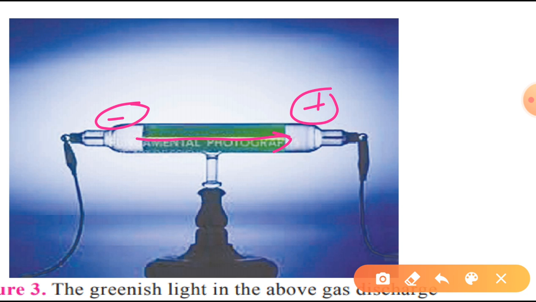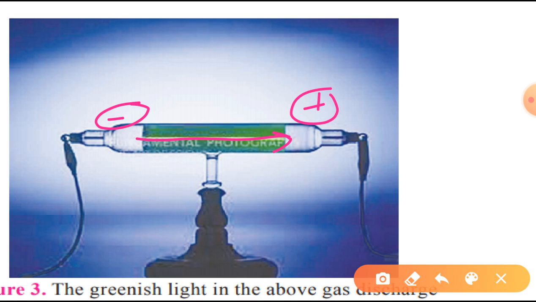So what Thomson noticed, he had coated this cathode ray tube with a photographic film of zinc sulfide. So when these rays travel inside this tube, a greenish light was noted, and because of it, it was said that there is something which is traveling from cathode toward anode.